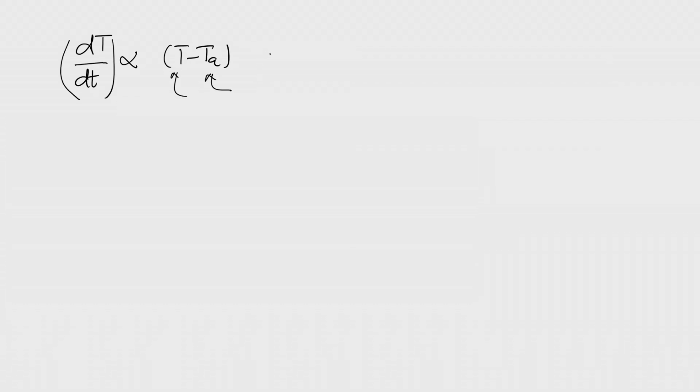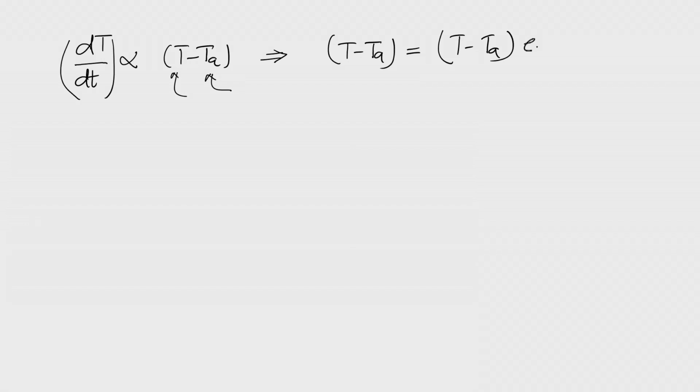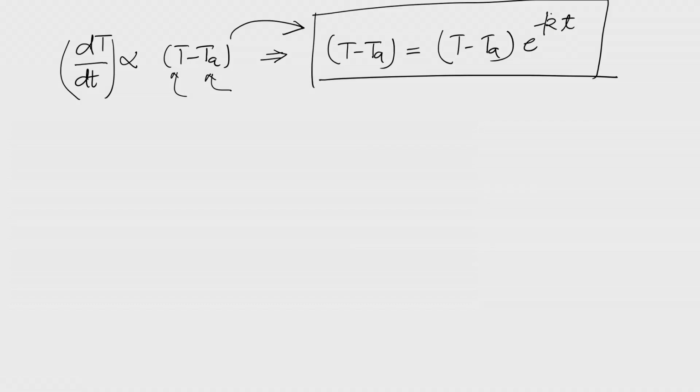It is a first order differential equation. If I solve this equation analytically, I will get T minus Ta equals T0 minus Ta into e to the power minus kt. You are well aware of this equation. So, I know that some exponential curve is possible between delta T and time t, as is evident from this equation.